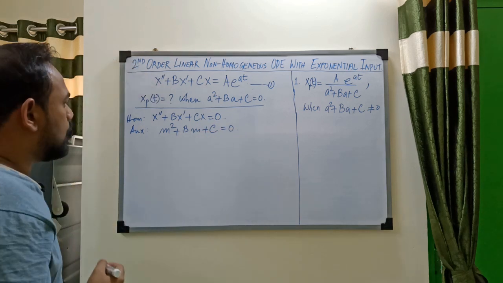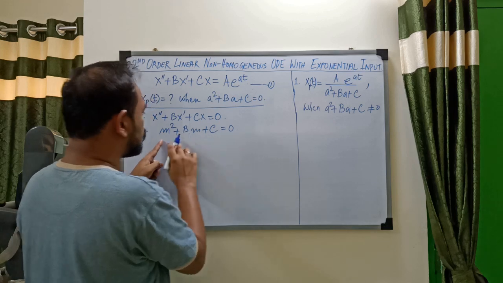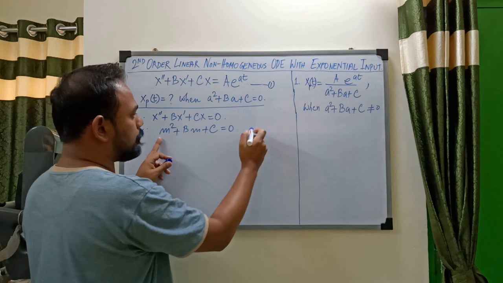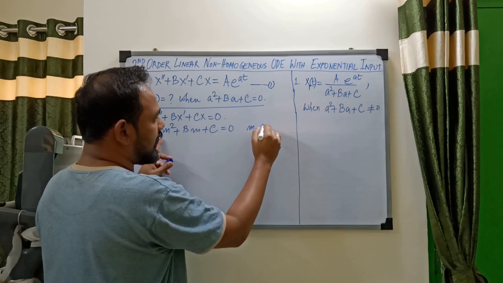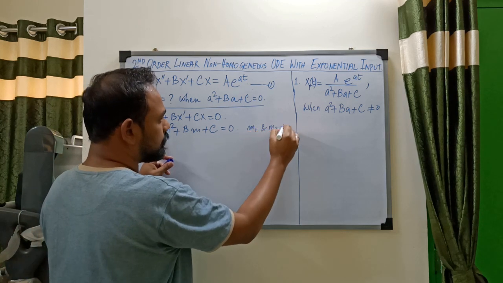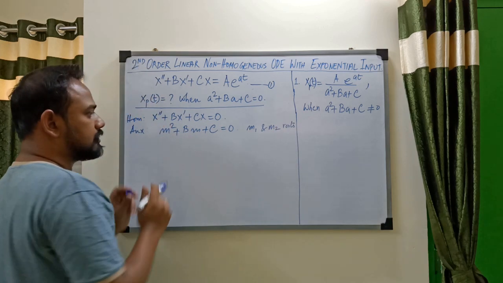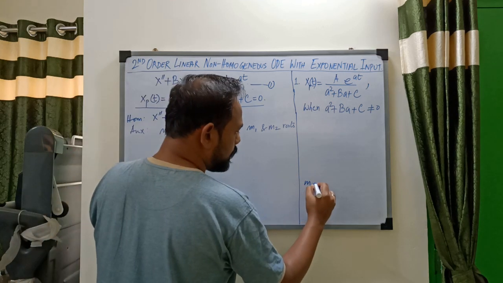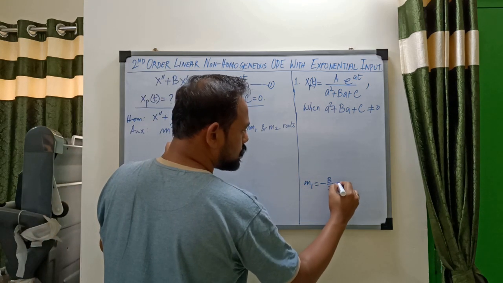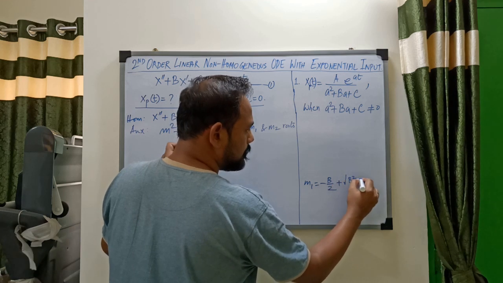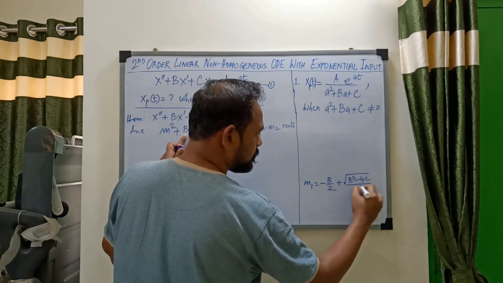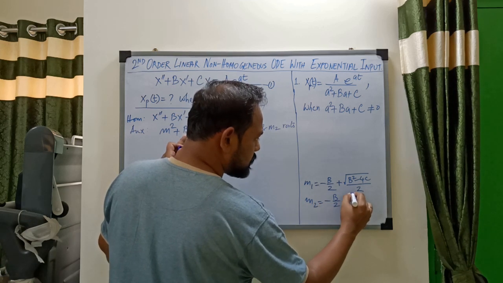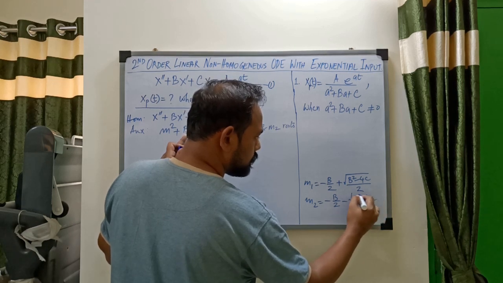That's the auxiliary equation, where we had always assumed, going by the terminology we have used in this series, that the two roots of this quadratic equation are m1 and m2. In fact, m1 we have always assumed to be minus b by 2, plus the square root term, the discriminant term, and m2 we have assumed to be minus b by 2, minus the square root term.